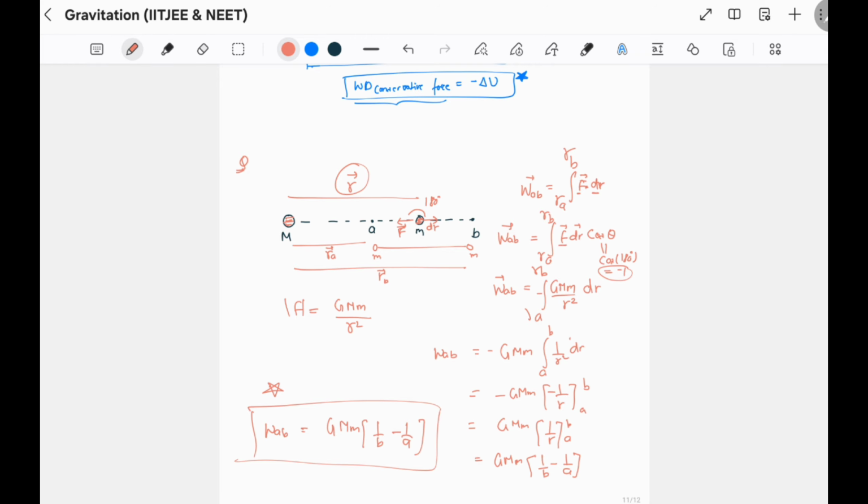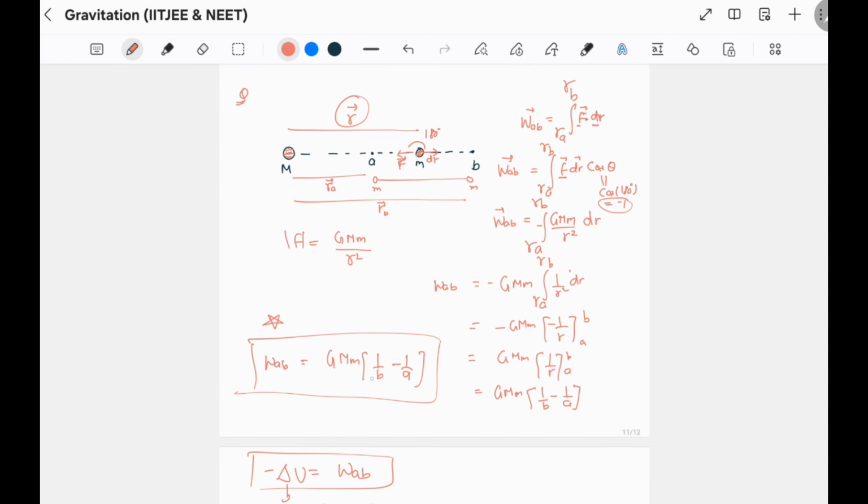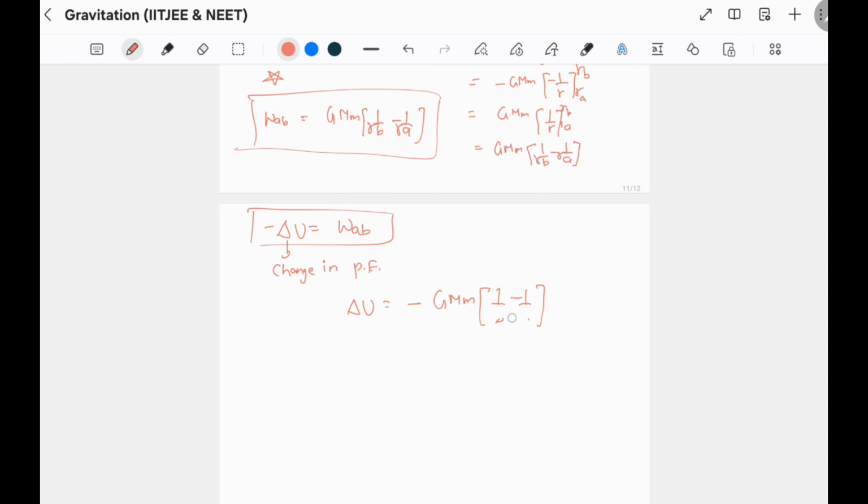So this is RB minus RA, the distance of point B minus the distance of point A. So you can say that UB minus UA, final minus initial, will be equal to minus of work done, and with the minus adjusted, it will be 1 by RA minus 1 by RB. So this will be your change in potential energy.